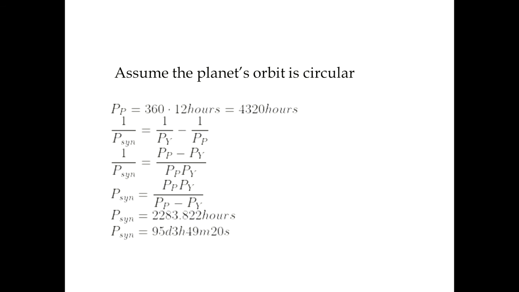If we do the algebra here, we will find that the synodic period is equal to the period of the planet around the sun multiplied by the period of the moon around the planet, divided by the period of the planet around the sun subtracted by the period of the moon around the planet. And if we use all the terms that we have found before, we will find that the scientists have 95 days, 3 hours, 49 minutes, and 20 seconds from the last full moon.